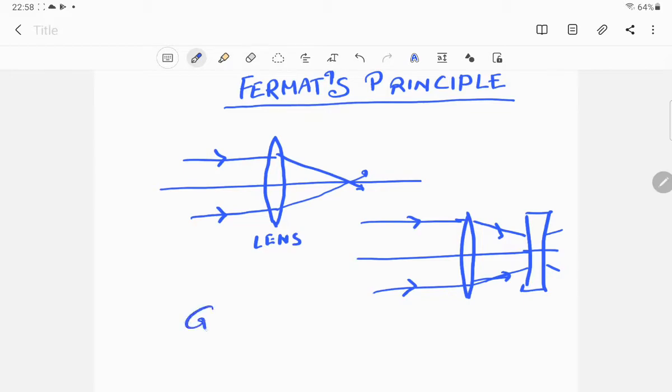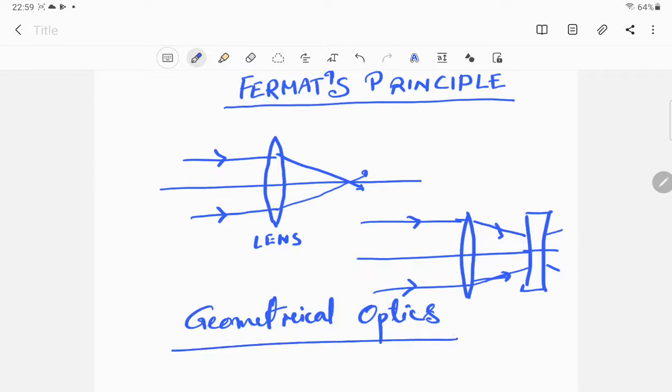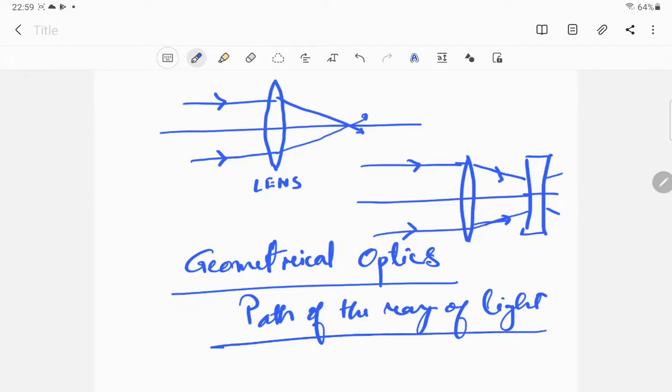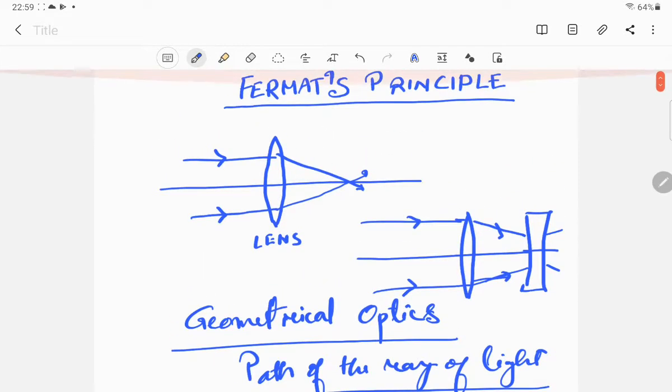In geometrical optics, Fermat's principle allows you to decide the path of the ray of light. It gives a particular principle based on which a ray of light will always follow a certain path whenever it passes through an optical system.